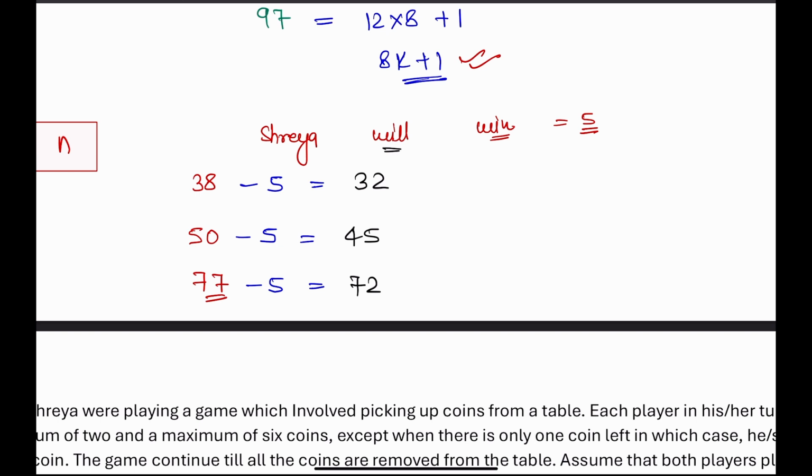So these are the coins left with Kushal, and we know that Kushal is going to lose, which means indirectly Kushal is on the losing series. Let's check if these numbers are on the losing series.